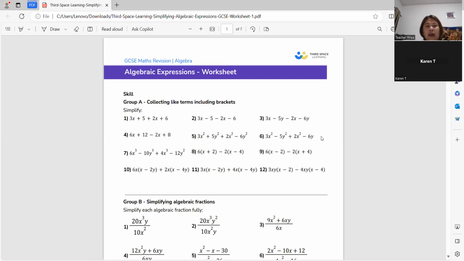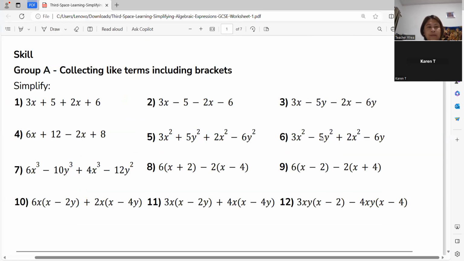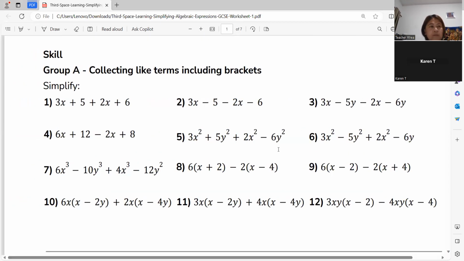So try to answer number 1 here, Yousif. Number 1, we have 3x plus 5 plus 2x plus 6. What is the simplified form?